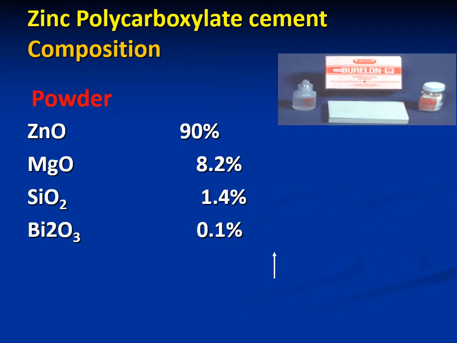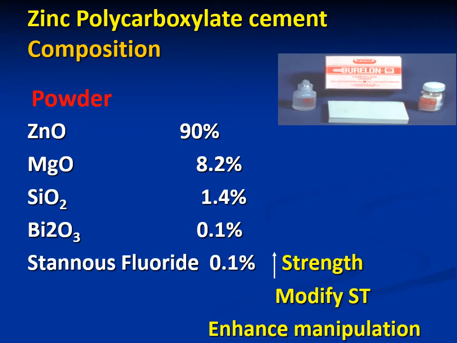This is the same as that of zinc phosphate cement, in addition to a small amount of stannous fluoride. And the stannous fluoride here, its function is to increase the strength of the set cement, modify the setting time, and enhance manipulation. It is not added for fluoride release. This amount is very small and cannot provide any fluoride protection to the tooth structure.